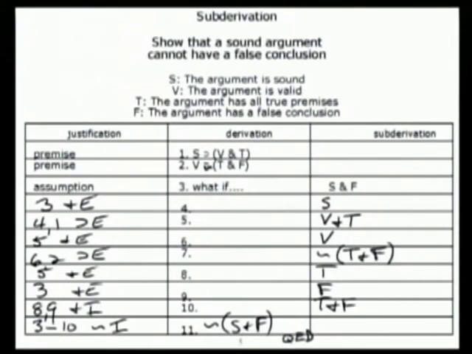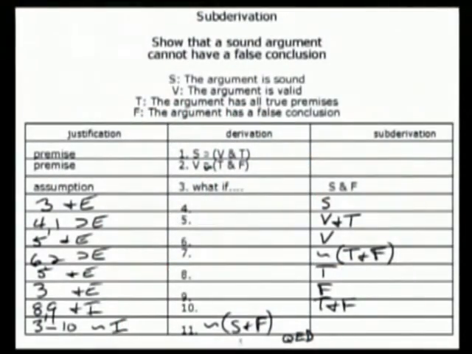Correct? Yes, sir. Josh. From line 7 to 8, when you can just drop the. No, I didn't do that. Notice that line 8 is taken from line 5 by ampersand elimination. But you can't drop the curl.